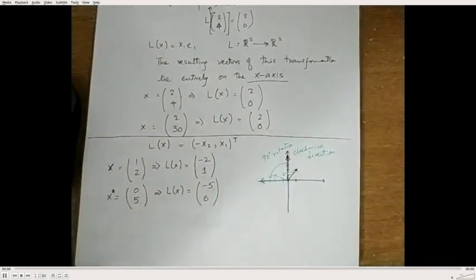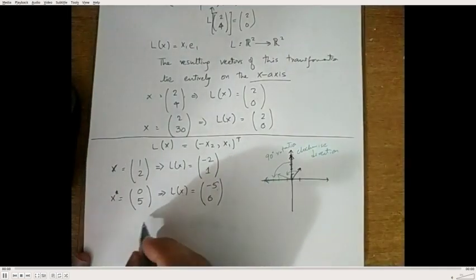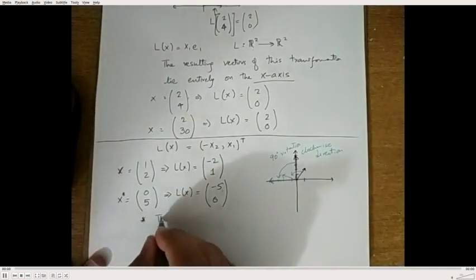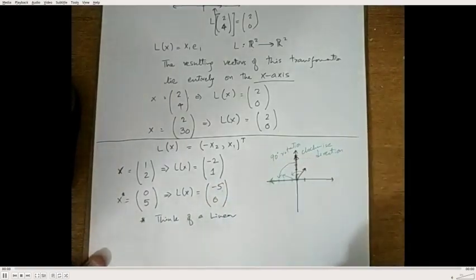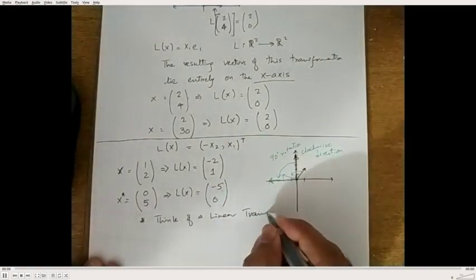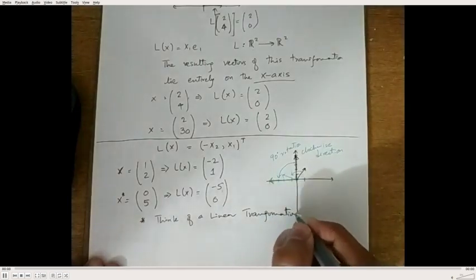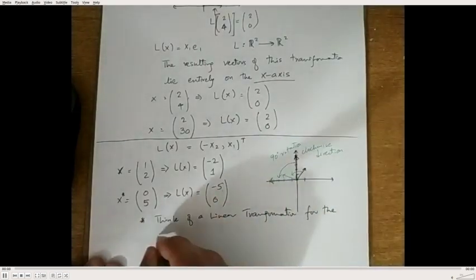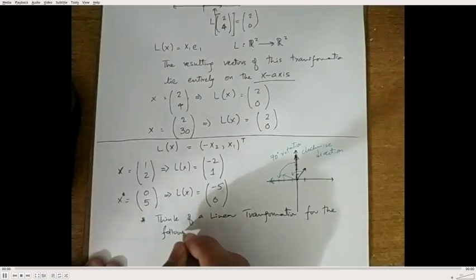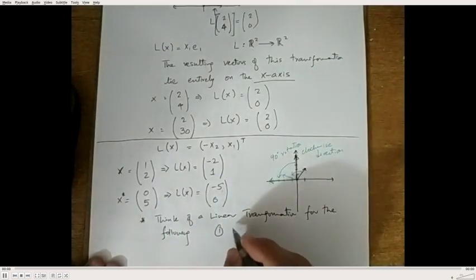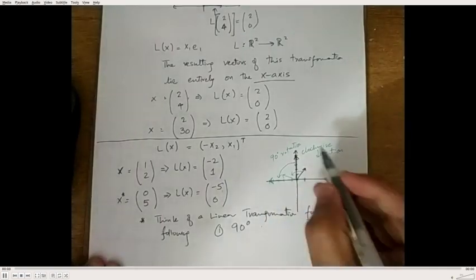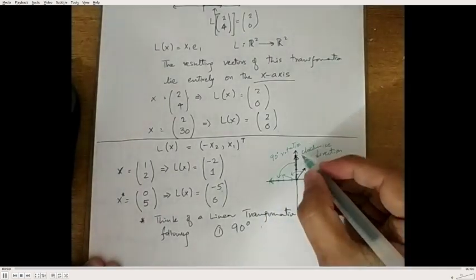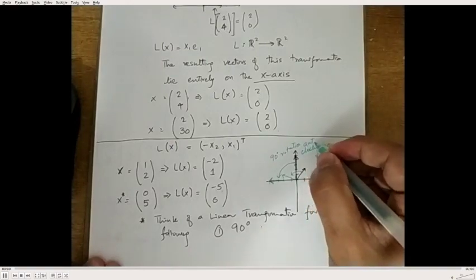I want you to think about the following. Think of a linear transformation for the following. A 90-degree, this was, by the way, I was wrong, this was not clockwise, this was anti-clockwise.